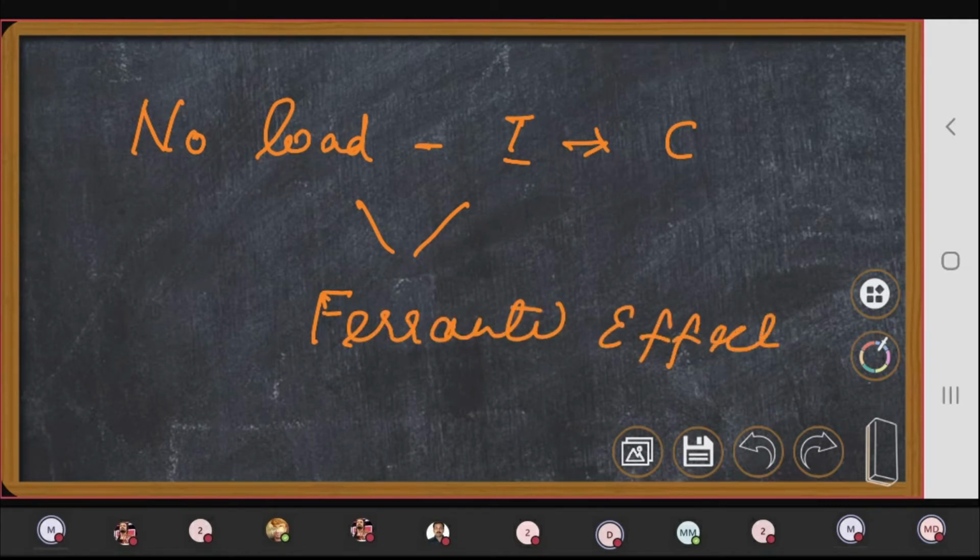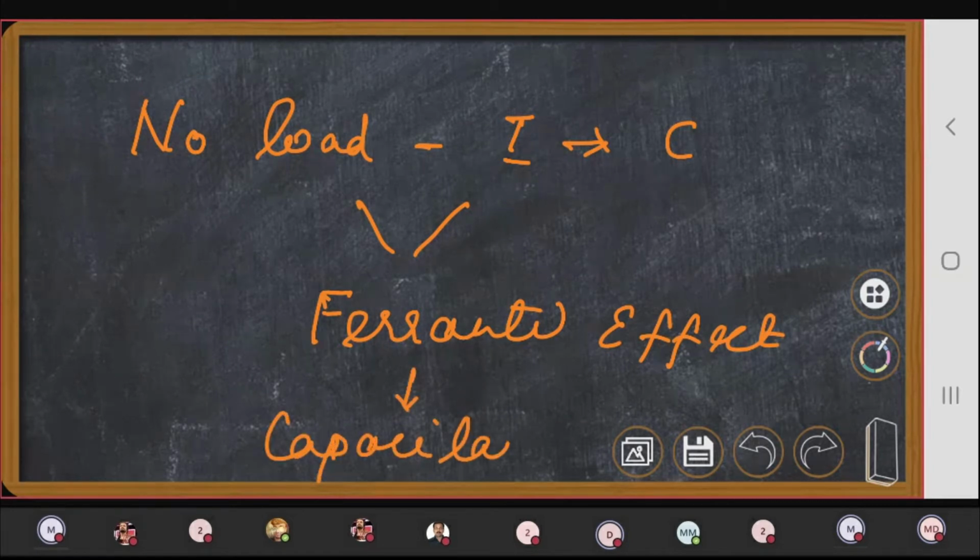Ferranti effect is also known as capacitance effect. Both are the same. So option A is the right answer. In the no load condition, current flows with the help of capacitance because you have the charging process due to the capacitor.